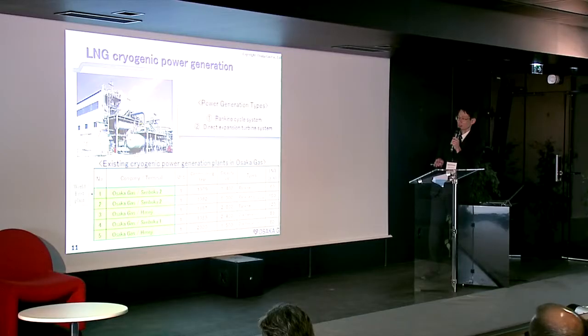We have a total of 5 cryogenic power generation units. First one is, as I explained, constructed in 1979, and output is 1.4 megawatt, and the LNG usage is about 60 ton per hour. Second one is 6 megawatt, and this is a combination of Rankine cycle and direct expansion system.